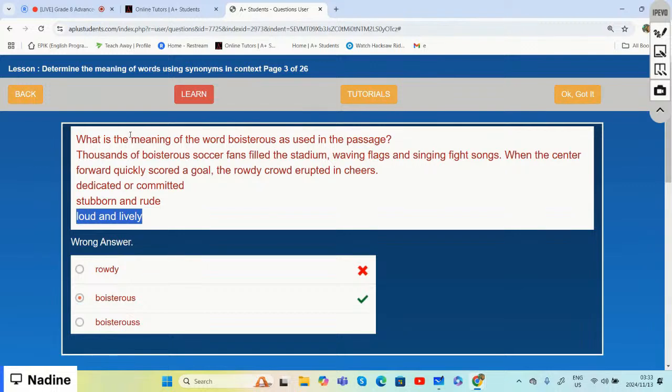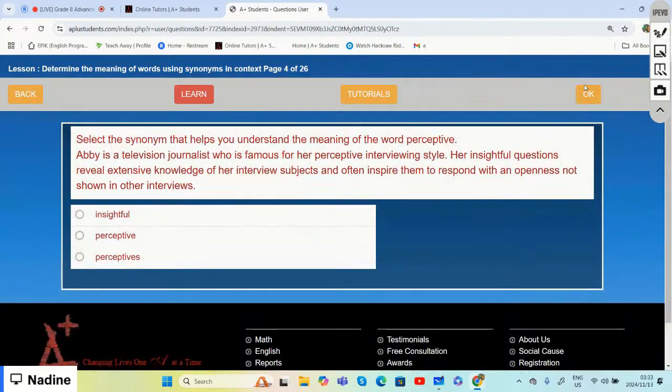If they want the meaning of boisterous, then it is definitely rowdy or loud or lively. But okay, boisterous is boisterous. All right. So far, do we understand, other than my incorrect answers that we have over there?